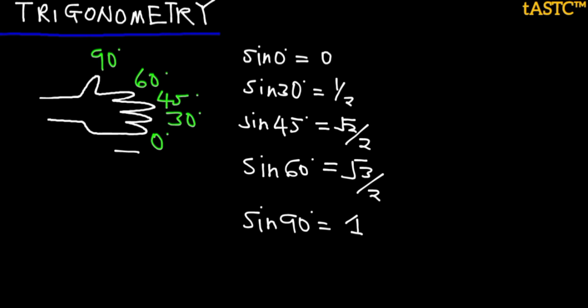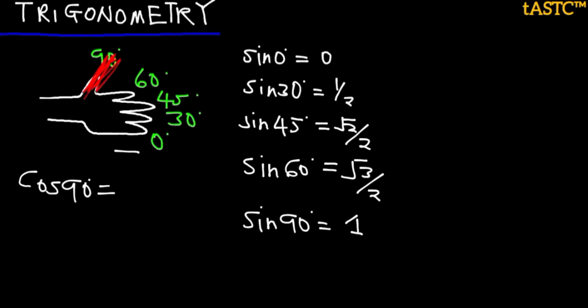Now, let us try to work cosine. So let us say I'm going to start with cos 90. For cos, you know that should be the fingers above divided by 2. So I'm going to take this 90 and wipe it out.